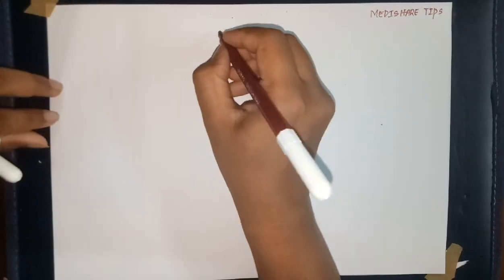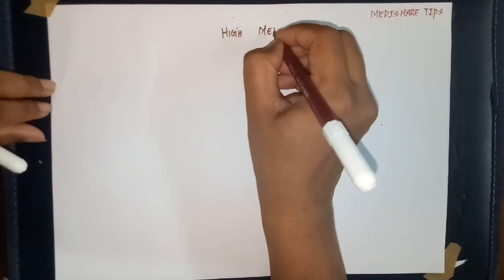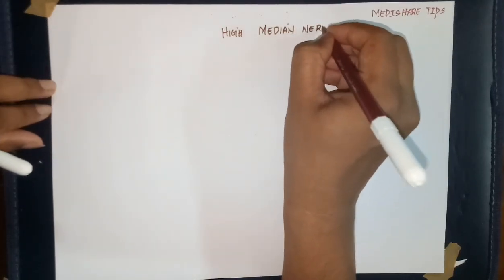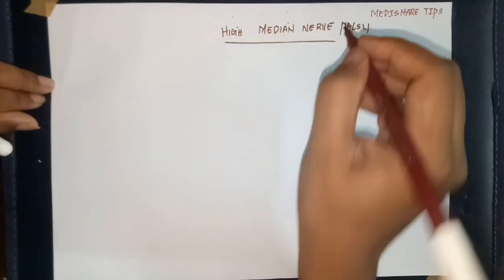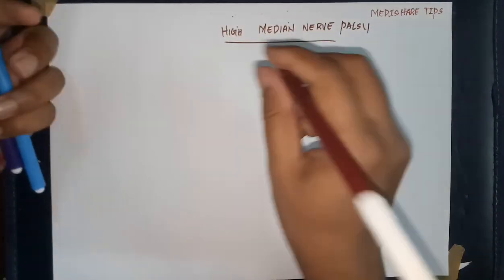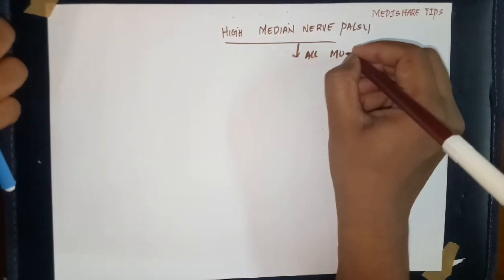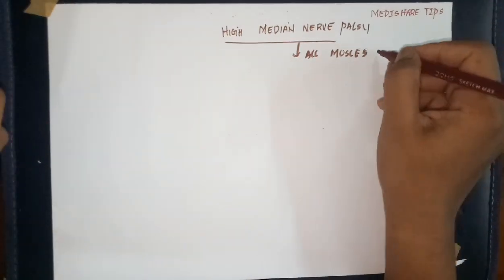Now, what happens in a high median nerve palsy? Here all the muscles are affected.